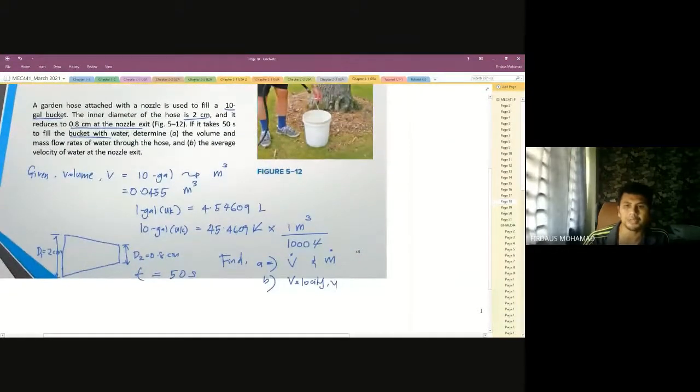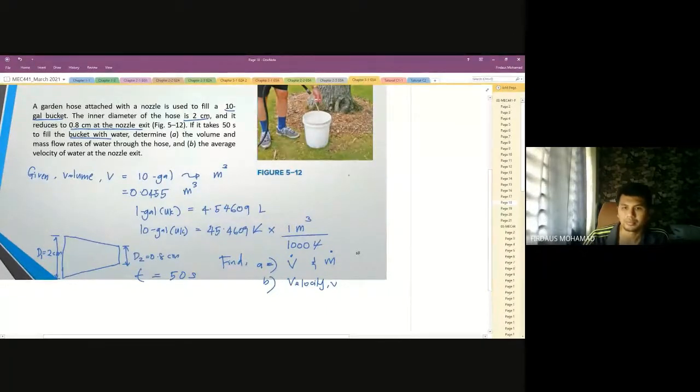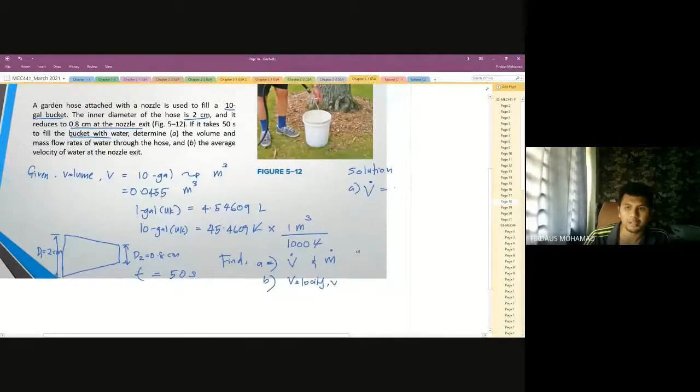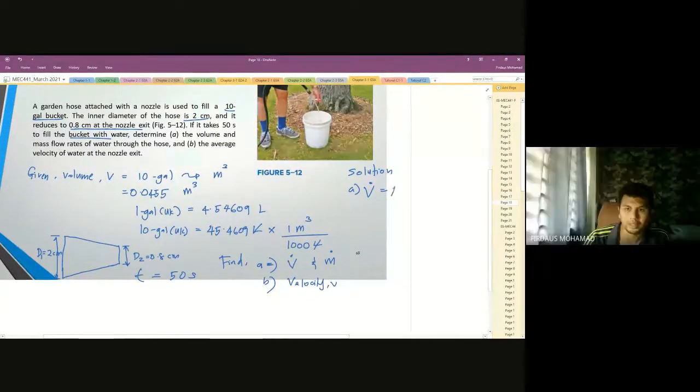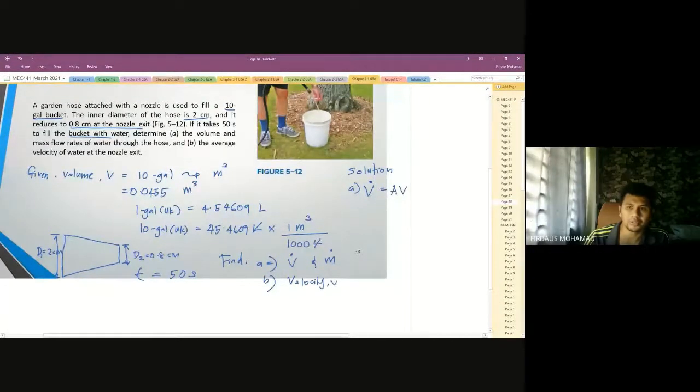V dot equals A times V. So V dot equals A multiplied by the velocity.